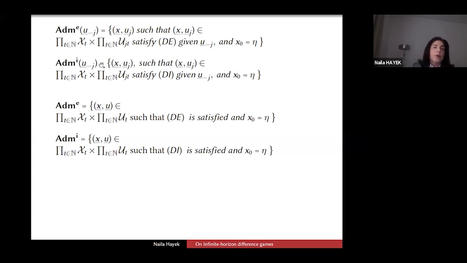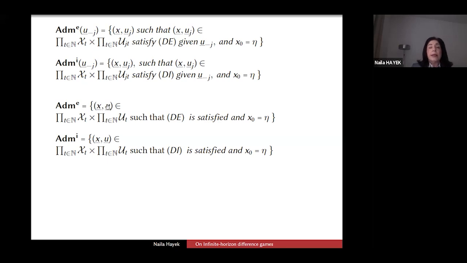So I put a small e here to denote that it will be admissible when we have a difference equation, and I put an I to indicate that this is the problem with the difference inequality. So when do we say that a process formed by the state and all the strategies of the players is feasible or admissible?